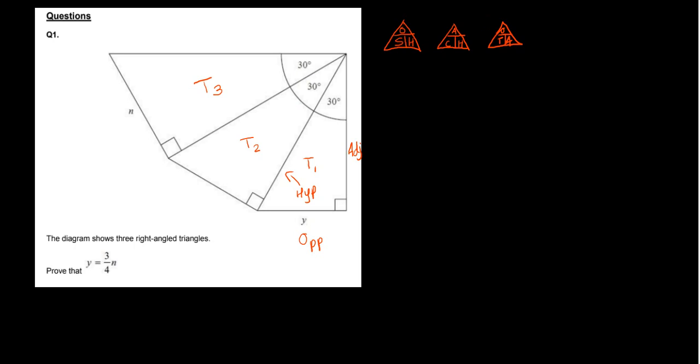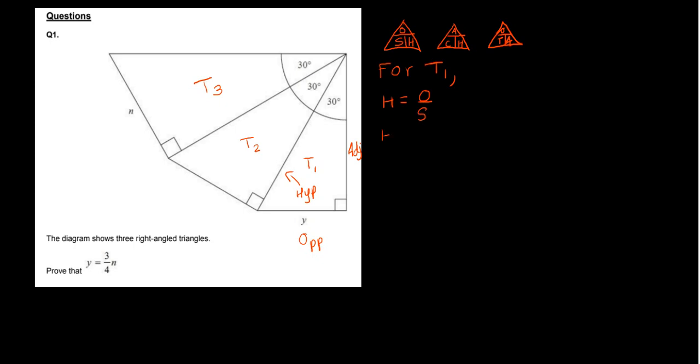Here, sine has the opposite and the hypotenuse. Okay, I need to find the length of the hypotenuse, so I'm going to cover hypotenuse, and that is going to be, so for T1, hypotenuse is equal to opposite divided by the sine.